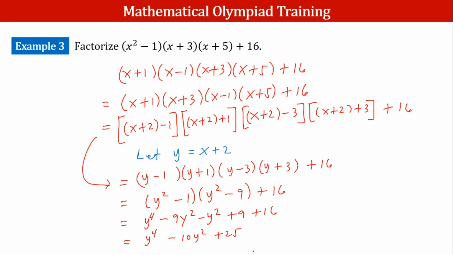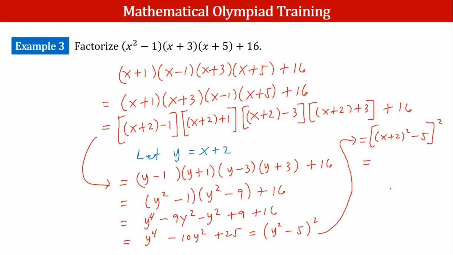Now this is a good thing because this is a perfect square trinomial, because this is the same as y squared minus 5 squared. Now take note that y is x plus 2, right? So I'm just going to continue to write here. I can replace y by x plus 2. So this is going to be x plus 2 squared minus 5 squared.